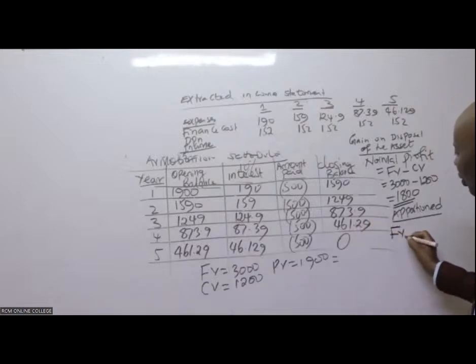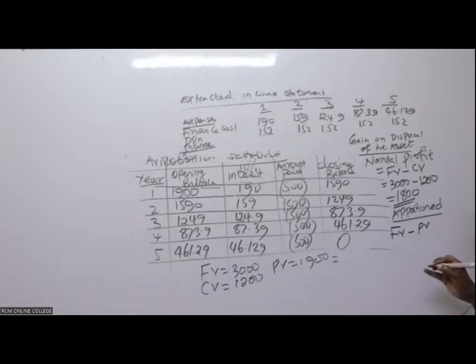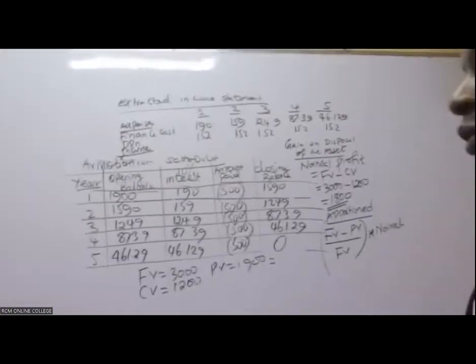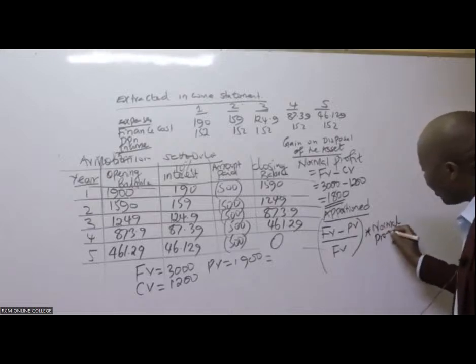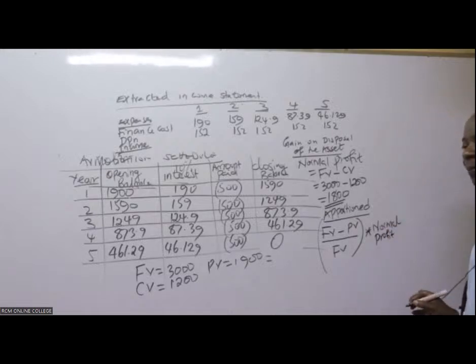This time around, you use present value over future value, and whatever we get, we multiply with the normal profit.